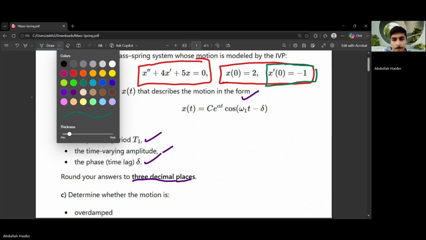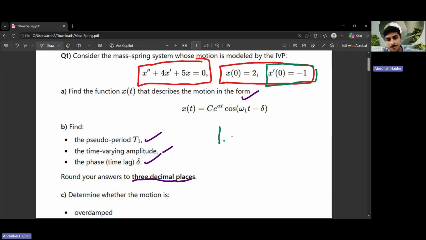Let's go to your case 1, which is no damping. No damping means c is equal to 0. Basically, your damping constant is equal to 0.